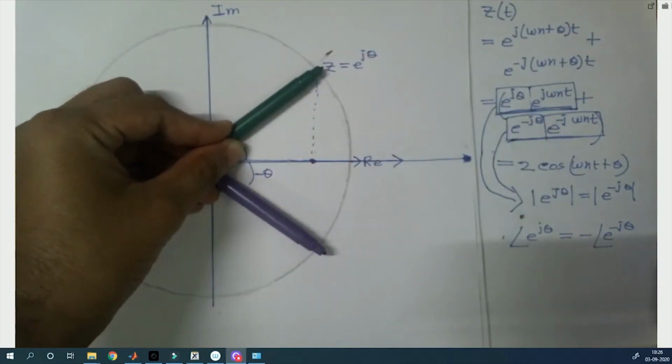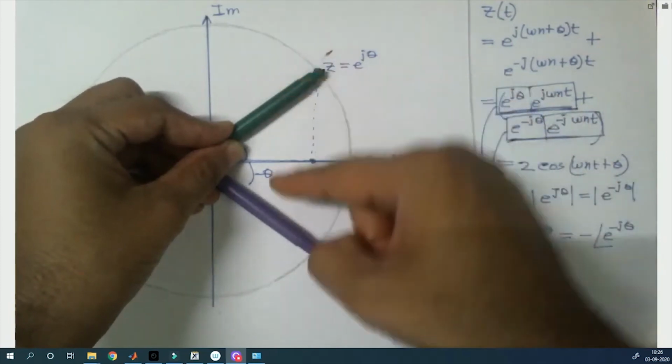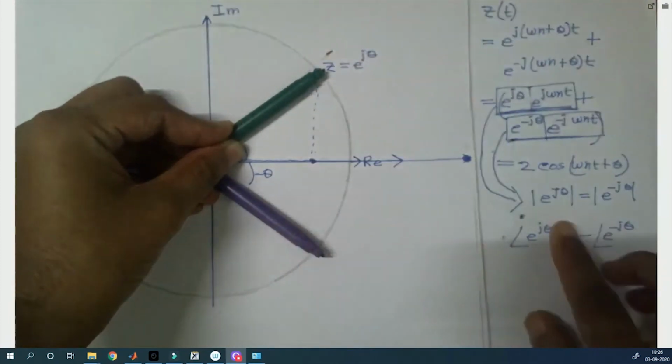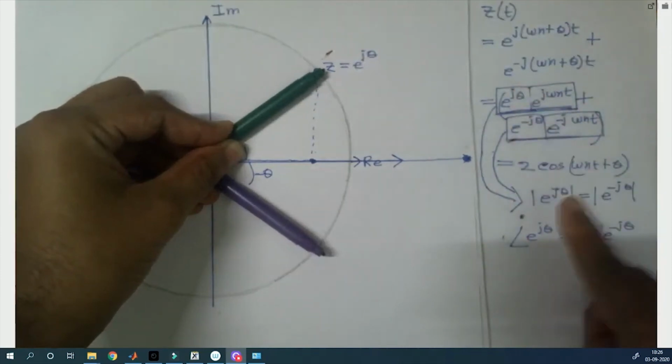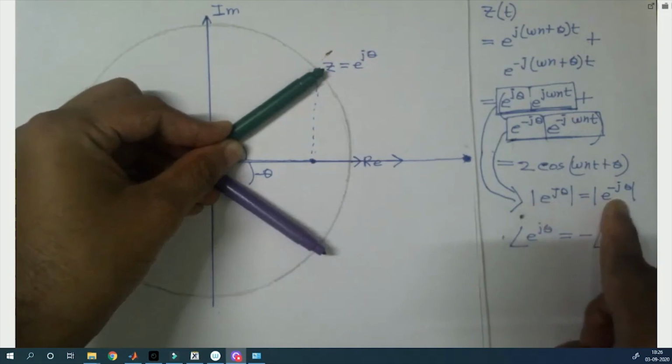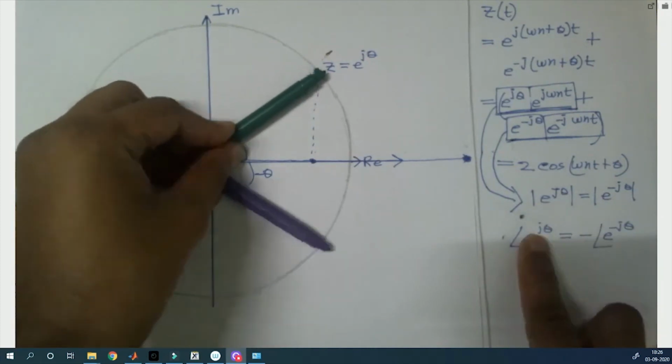Which means for the sum of these two signals to be real, we need the coefficients to have equal modulus and opposite and equal angles.